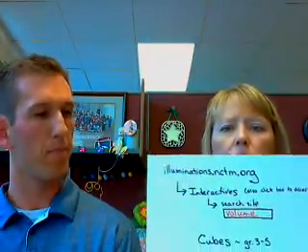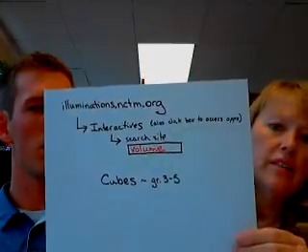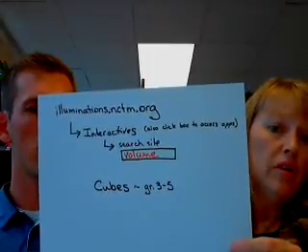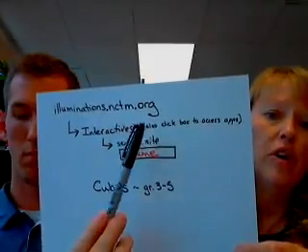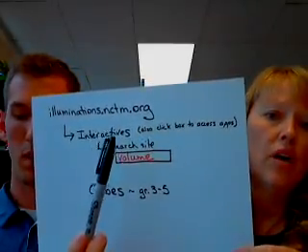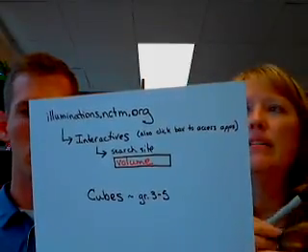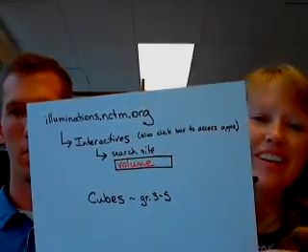I'll show this really quick. This is illuminations.nctm.org. I think most everyone's pretty familiar with this site. It has some great interactives. Once you go to illuminations.nctm.org, you'll want to click up at the top where it says Lessons, Interactives. Click on Interactives.